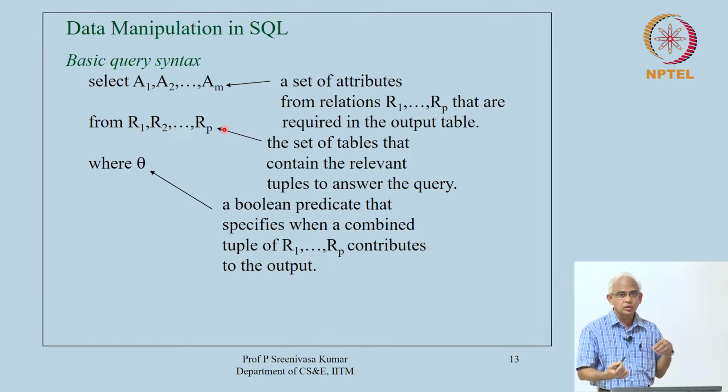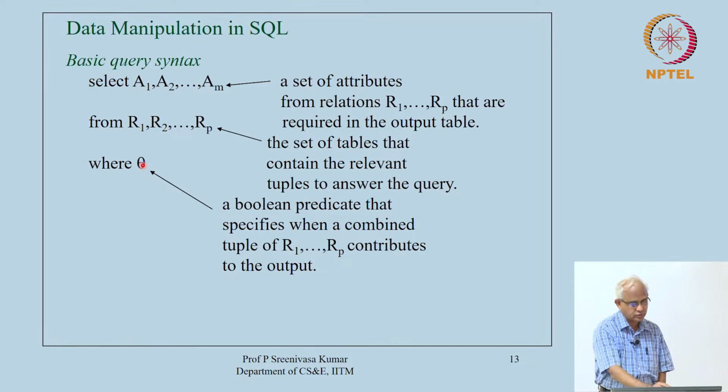There is no issue in combining them, because all these relations have disjoint attribute names.